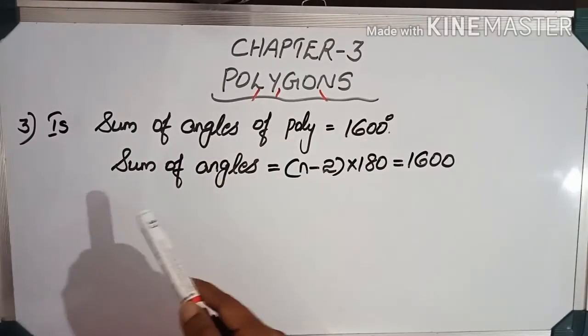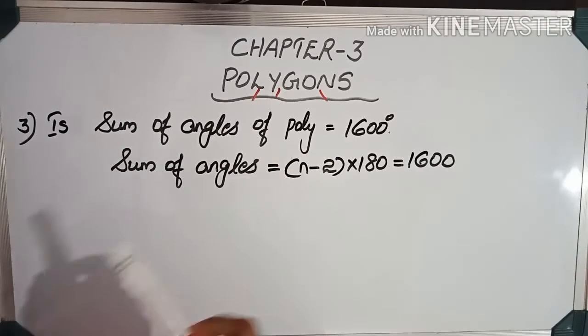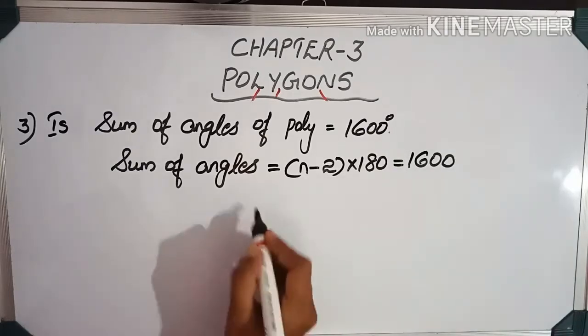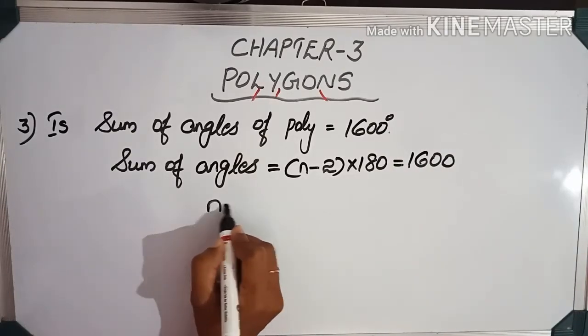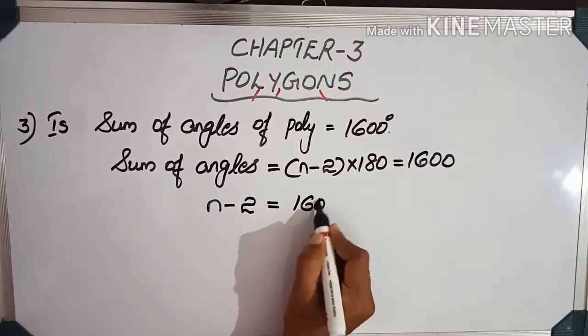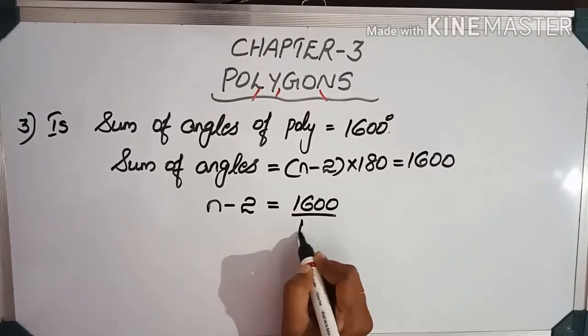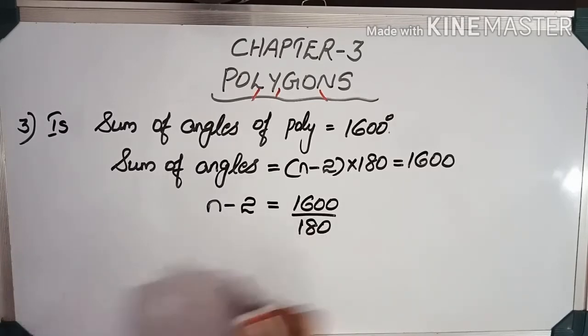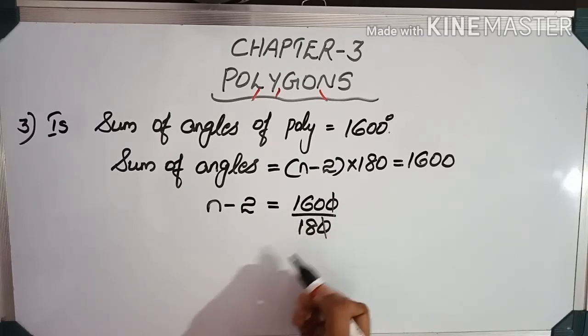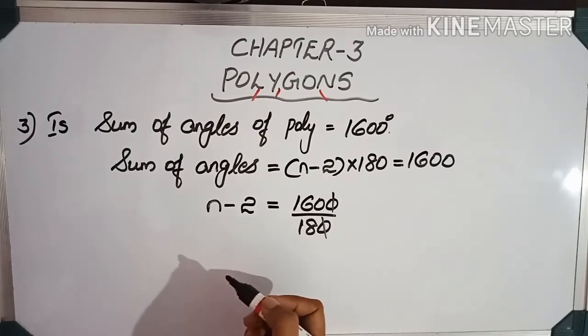Okay, so first we are going to find the number of sides, the same as the previous problem. First take this into 180 to this side. So here the answer will be n minus 2 equal to 1600 divided by 180. 0 and 0 we can cancel, and 160 here, 18 here. Here 9 is not possible to consider like the previous case.